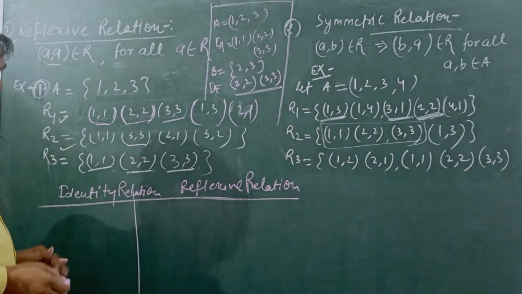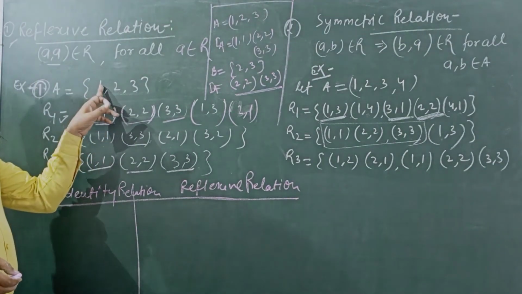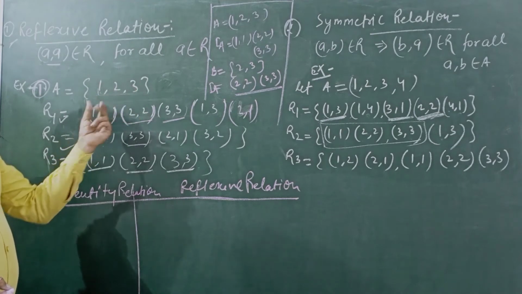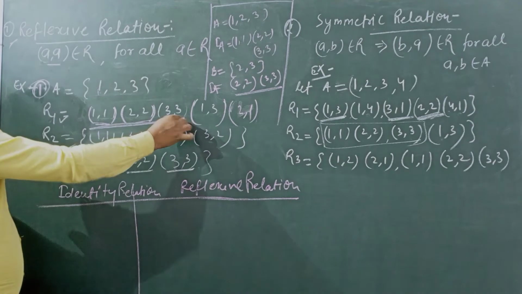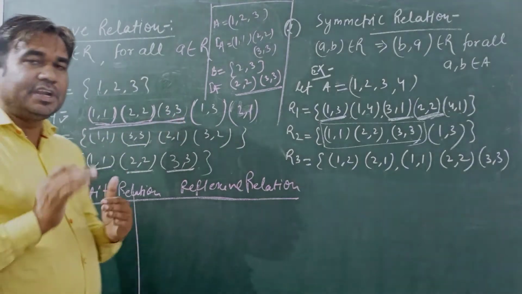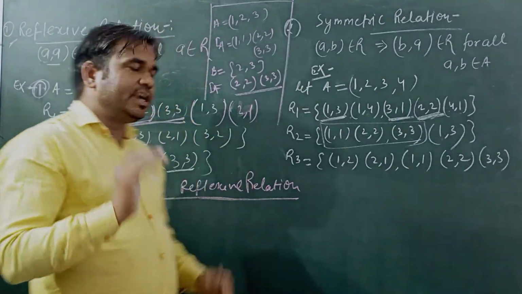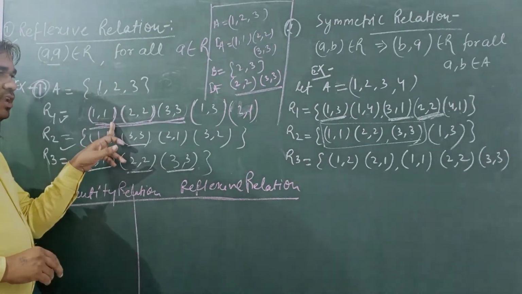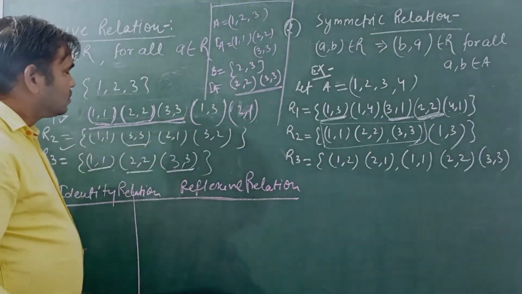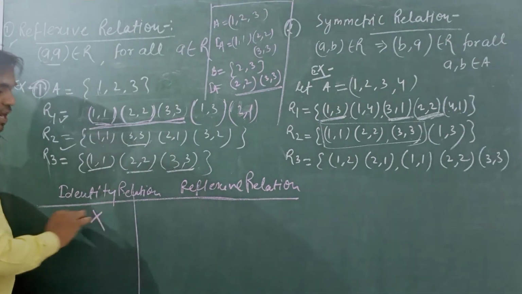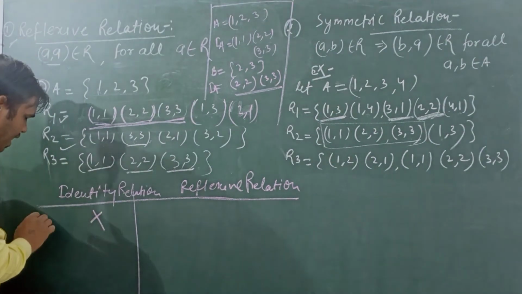Identity relation has 1 to 3 elements: (1,1), (2,2), (3,3). For identity relation it should be only these, but here (1,3) and (2,1) are extra. So this is not identity relation in R1.